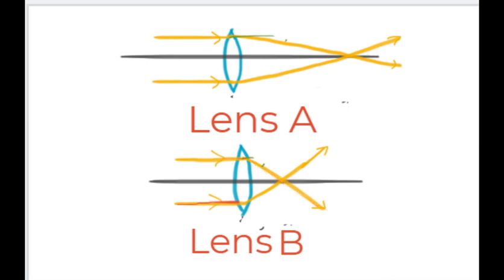The second incident ray after refraction passes through this point. Here, can you see the difference? This intersection point is very close to the lens, whereas in lens A, this intersection is very far from the lens. Okay, so what is this distance?